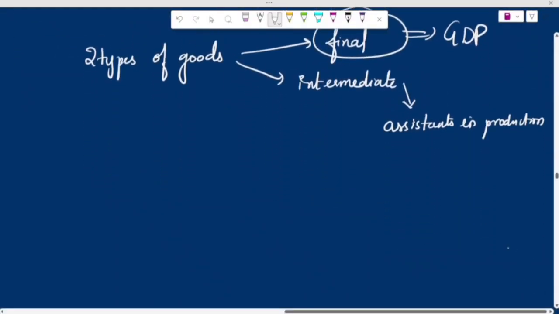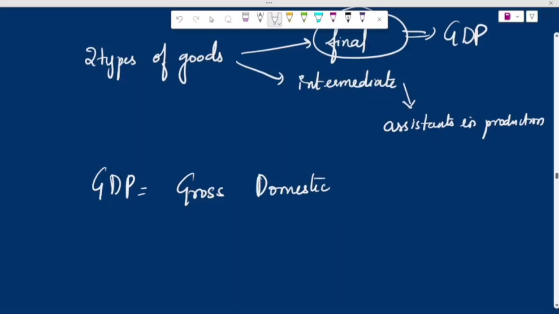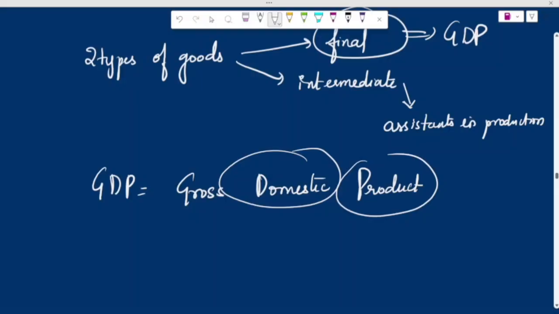So GDP is nothing but gross domestic product. It means that any product that should be produced domestically.